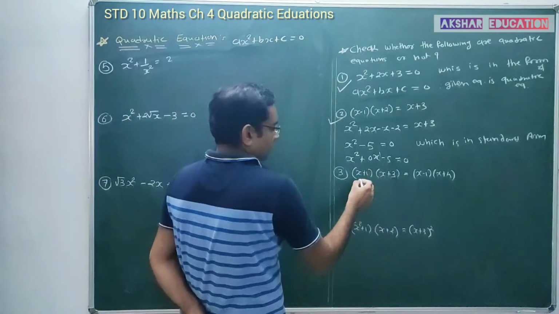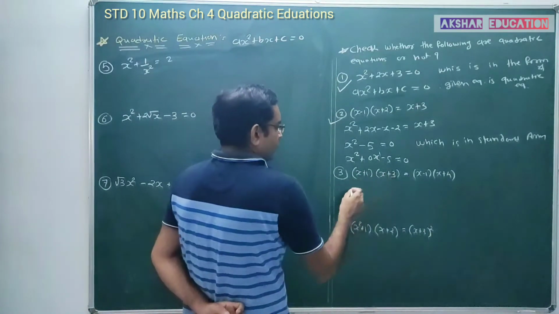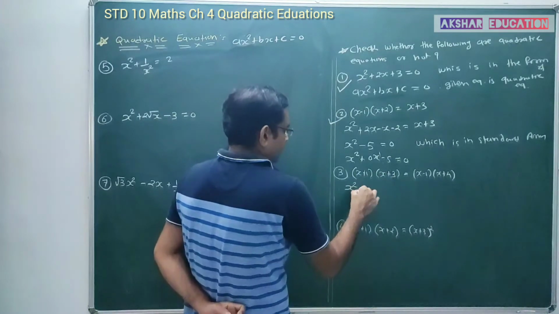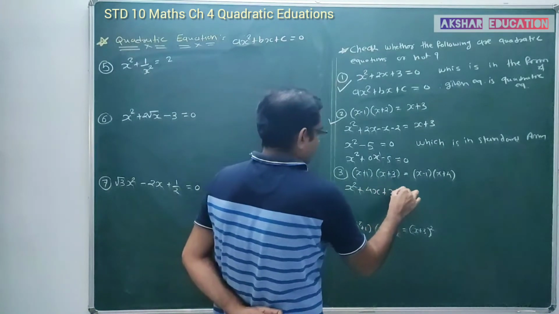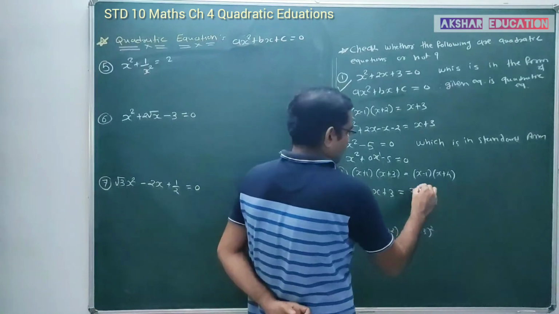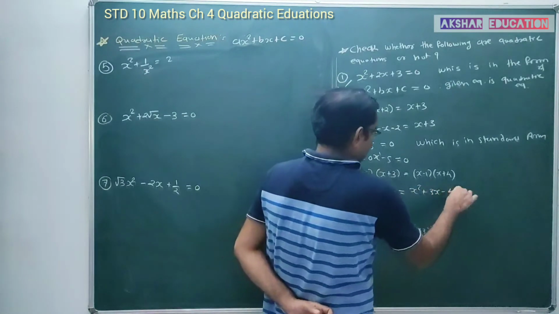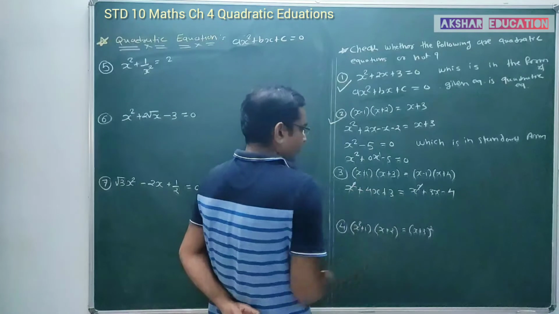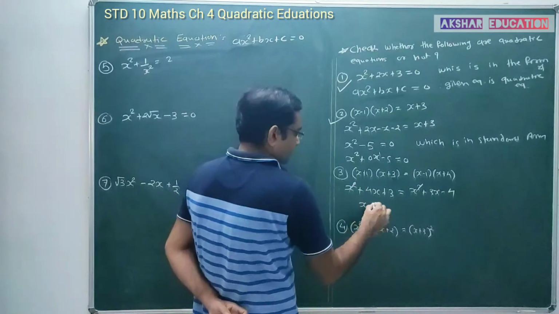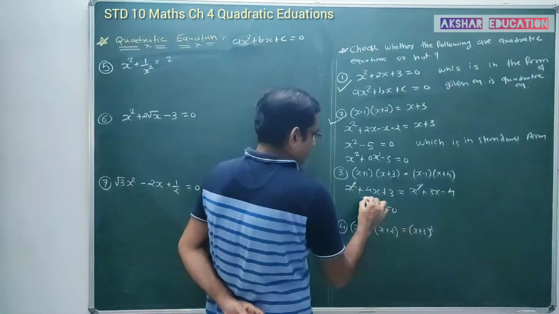Now for this one, again you have to perform simplification. It's x square plus 4x plus 3 equal to x square plus 3x minus 4. So this x square will be cut. So it's x plus 7 equal to 0.